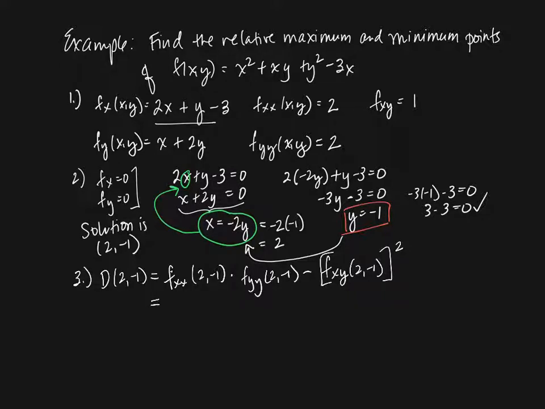So f_xx, no matter what x and y values we have, this is always 2. And f_yy is always 2. And minus the mixed partial squared, so minus 1 squared, so this is 4 minus 1 is 3, which is positive.